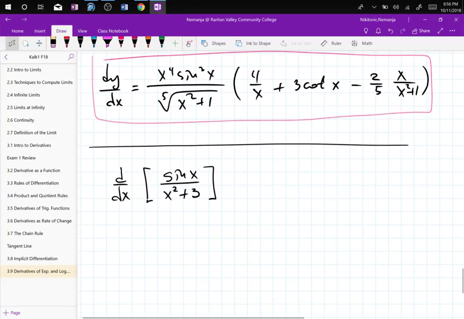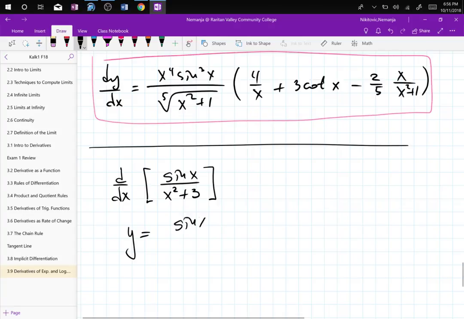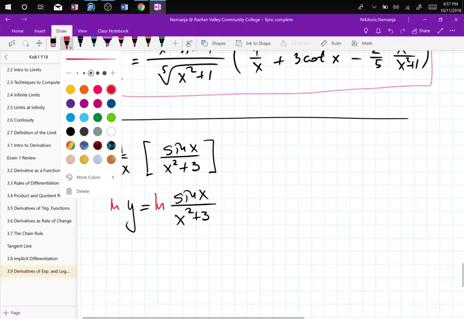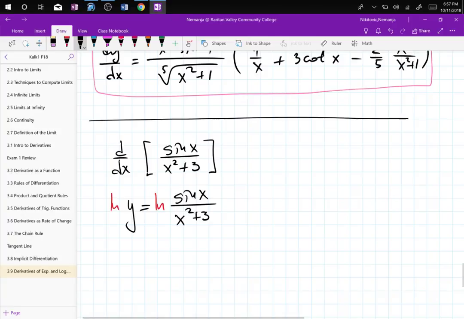Now remember what we have over here. Y equals sine x over x squared plus 3. And now we are going to ln both sides. If you ln both sides, you can expand.